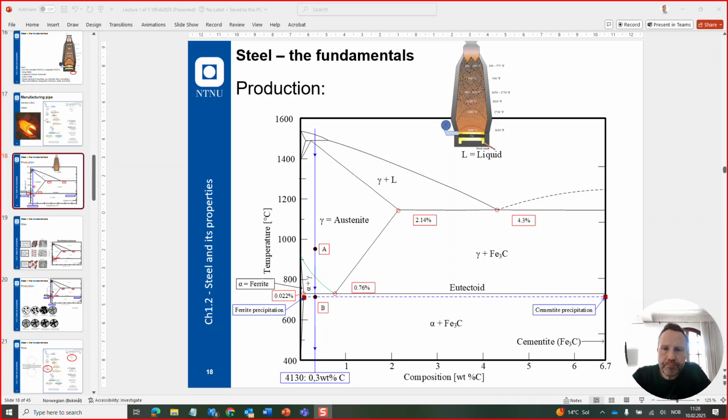At the bottom here, we have the percentage of carbon. This is 0.3% by weight carbon, and that produces a steel quality called 4130. It's just a mild steel, a typical mild steel, very often used in casing.